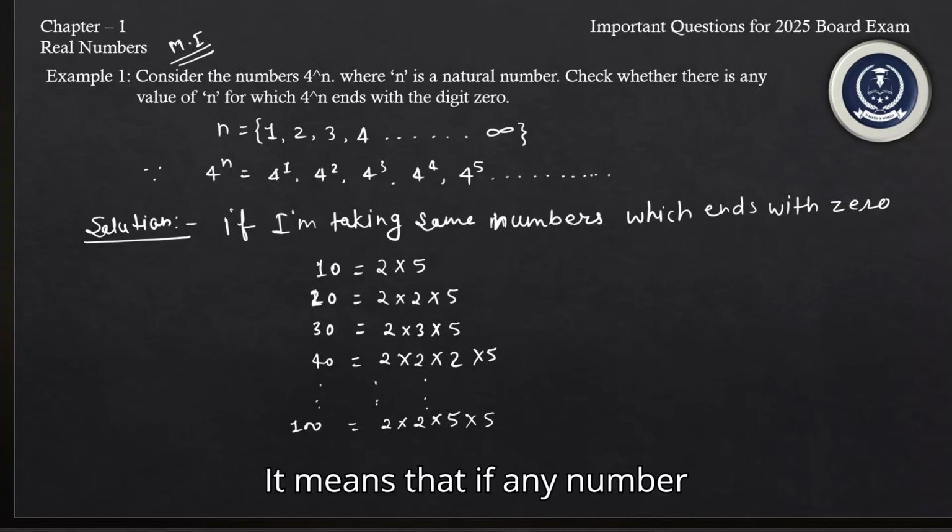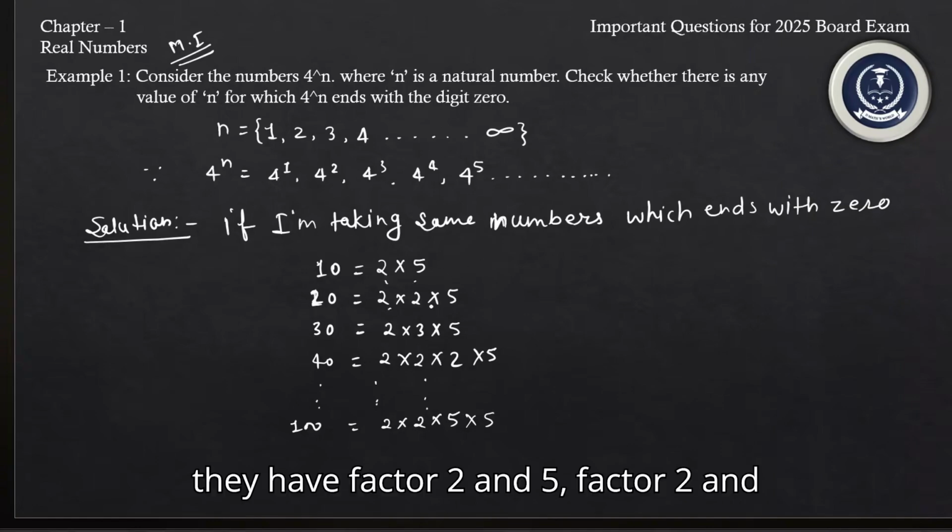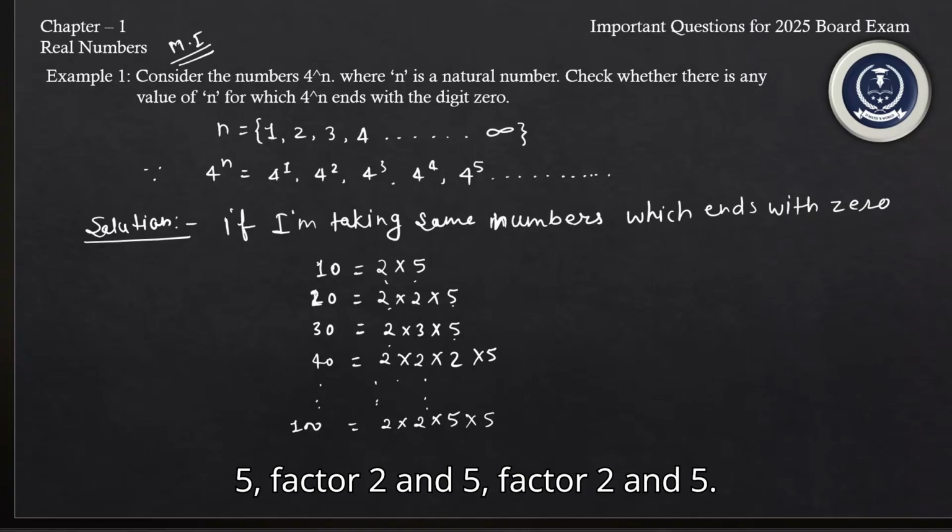It means that any number which ends with 0 has factors 2 and 5.